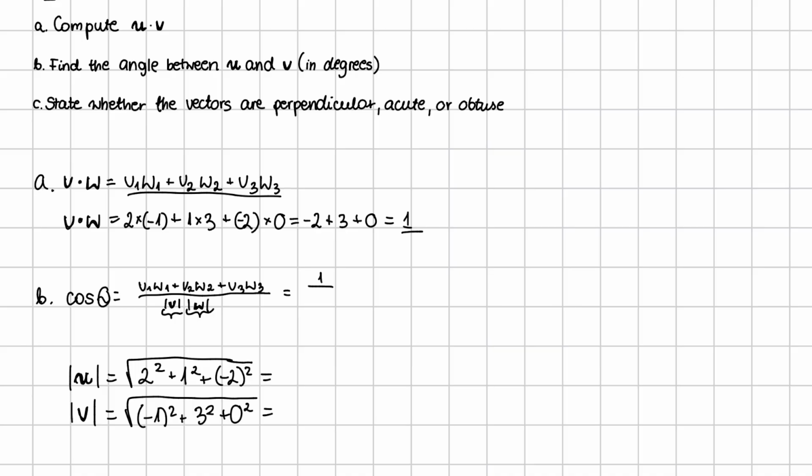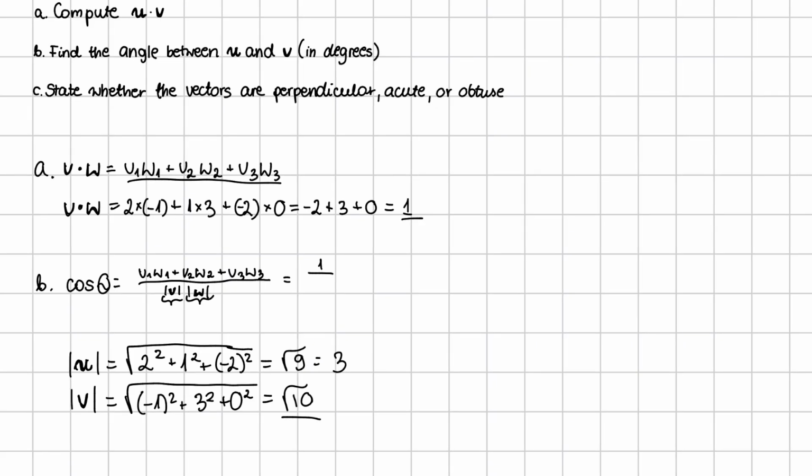We have to calculate these values on our GDC. So these are our magnitudes, and here we can leave a square root of 10 because that's our exact value, and that's not our final answer. We have to substitute them into our equation, and then we can calculate. So cosine theta equals 1 over 3 square root of 10.